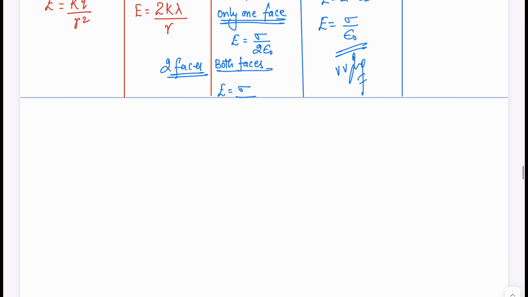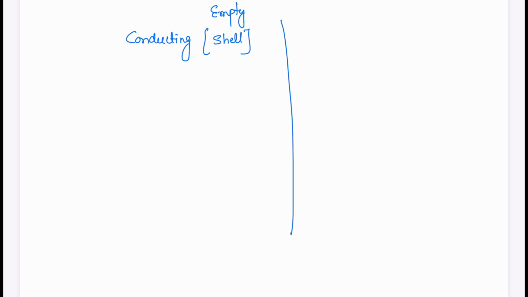Okay guys, now just focus here. This is something very interesting. Let's say this is called conducting, and it is also called shell, empty from inside. And here you have the non-conducting, or filled from the inside.